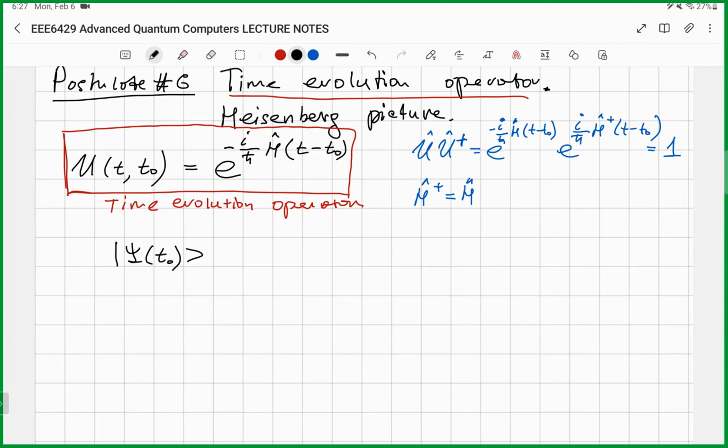What happens next? In order to figure out what happens next, you apply this operator U(t, t sub 0) on this state, and as a result you will get the state at a later moment of time.